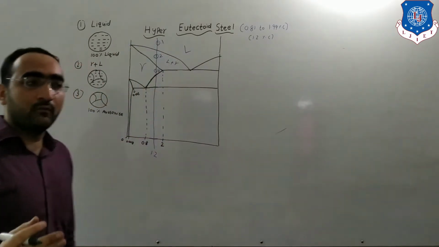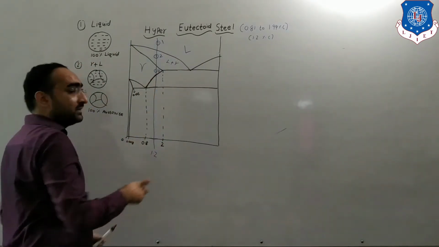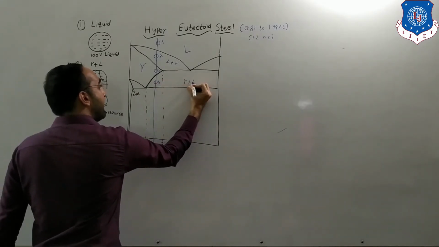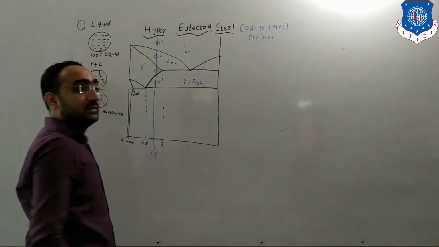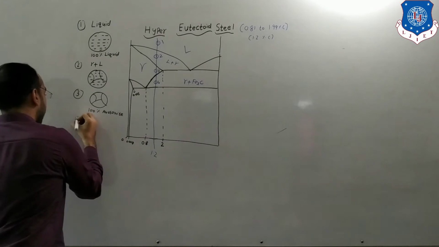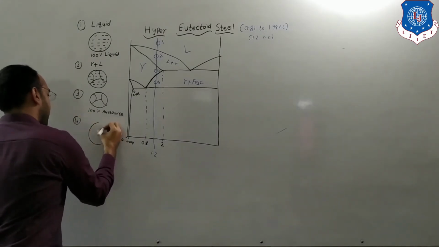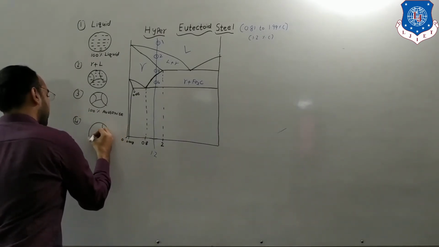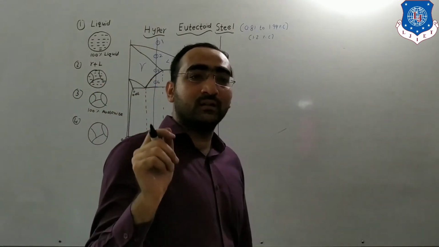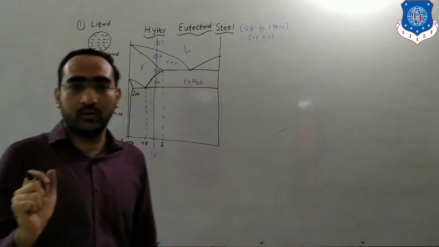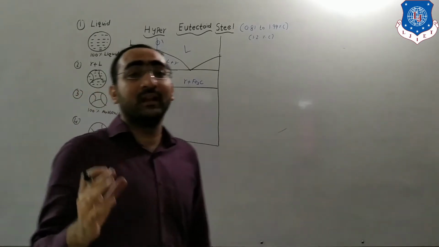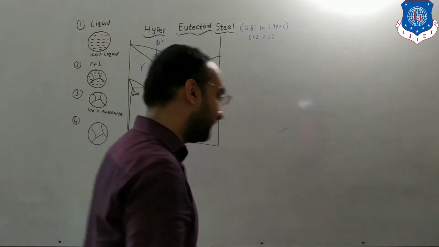Going further for cooling, it will fall under the fourth region, gamma plus Fe3C, that is austenite plus cementite. As we have seen that ferrite always occurs at the grain boundaries, in the same way cementite always forms a closed network.